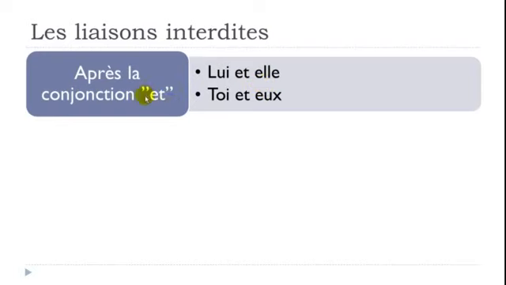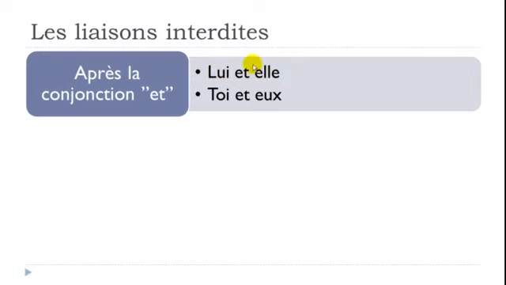So after this conjonction et, like we've got here, you don't make any liaison. So no links after et. Okay, so if you want to read it correctly here, it will go like lui et elle. Alright, so don't think about putting something between the two. Don't think about producing something like lui-z-et elle.